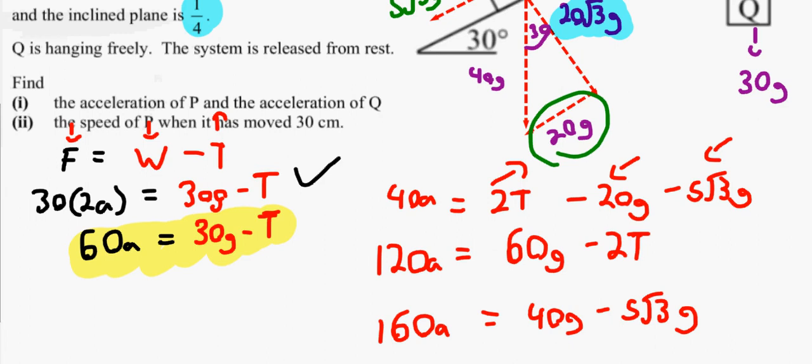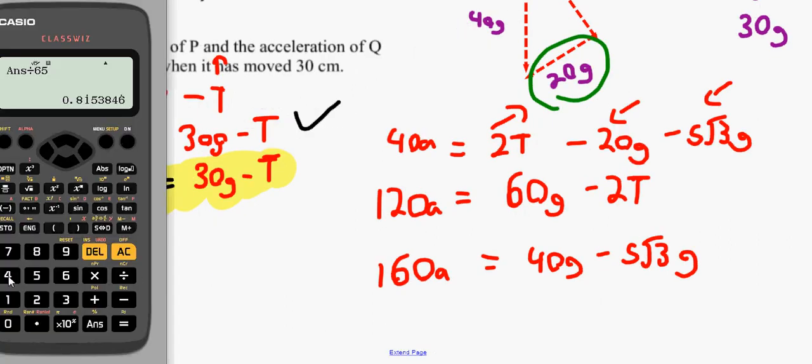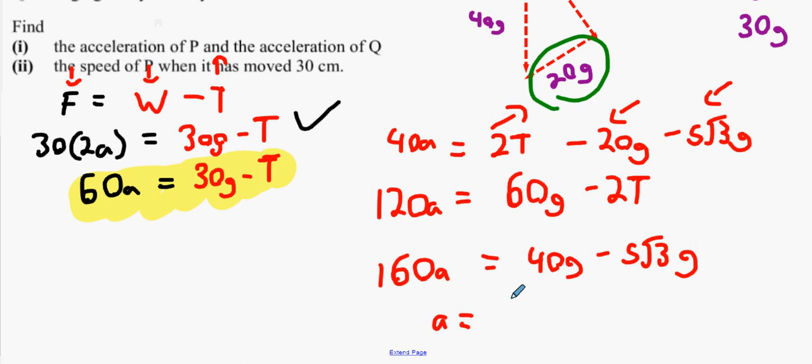Then it doesn't really say how to do the answer, but I suppose we'll just do 40 minus 5 root 3 and then divide all that by 160. And we get 8 minus root 3 over 32. So a equals 8 minus root 3 over 32 g.